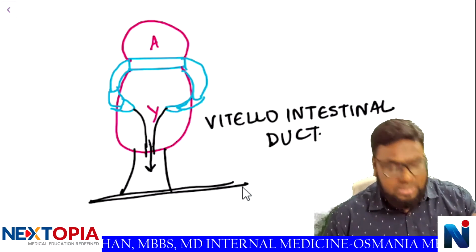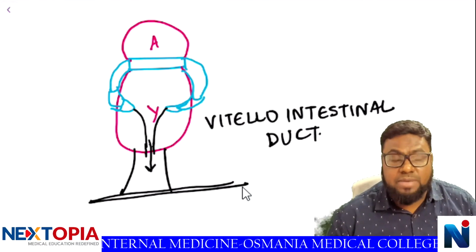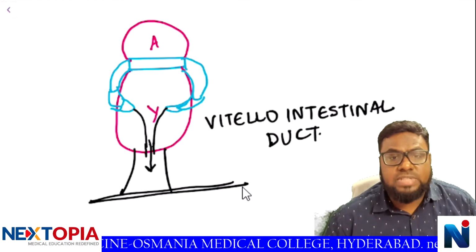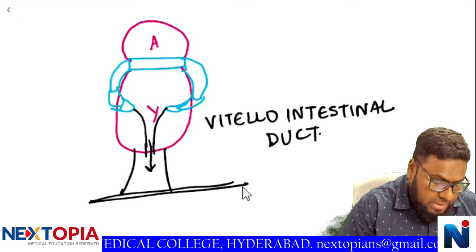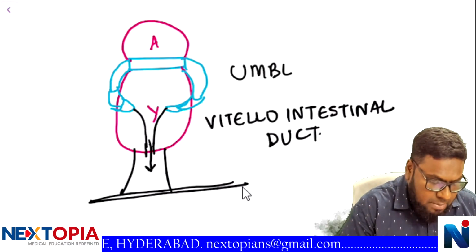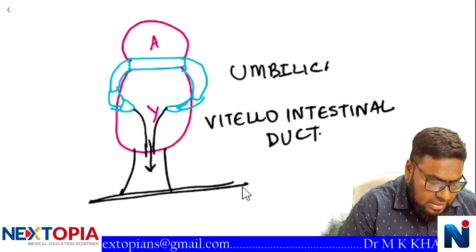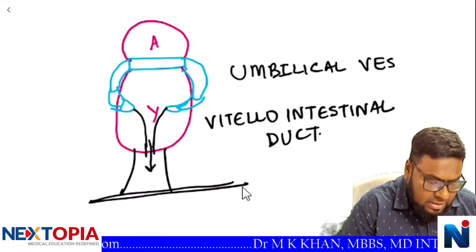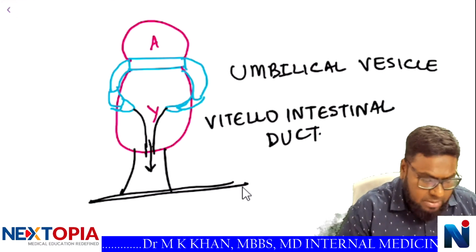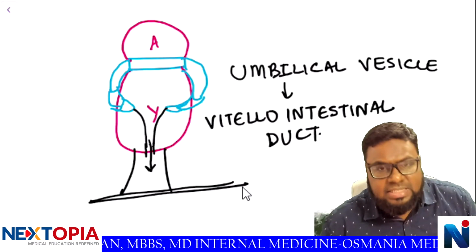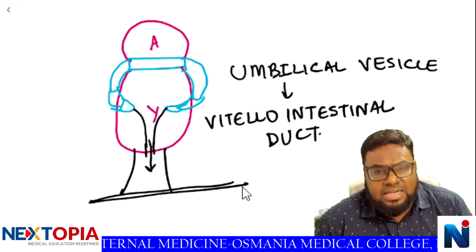To the uterus at the level of the placenta. So it is forming a definitive yolk sac, and here what is formed is the umbilical vesicle. The duct inside you are calling the vitello-intestinal duct.